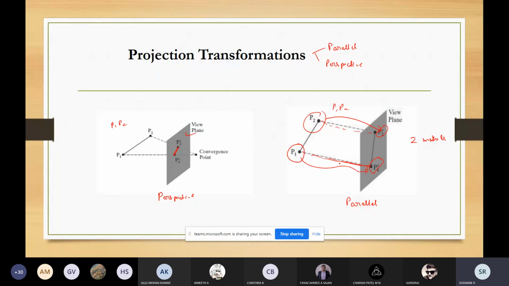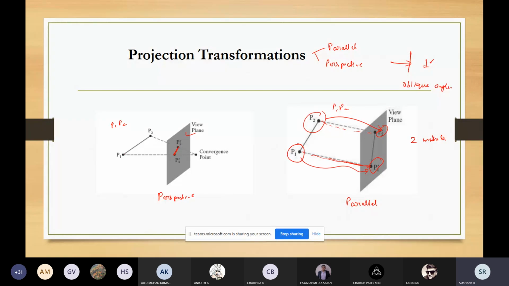Or the second method is you can project the line at some angle, which we call the oblique angle. Oblique angle means the slant line. So we have two methods for obtaining the parallel projection. One is you can project the lines that are perpendicular to the view plane, or you can project the lines which are at an oblique angle to the view plane.